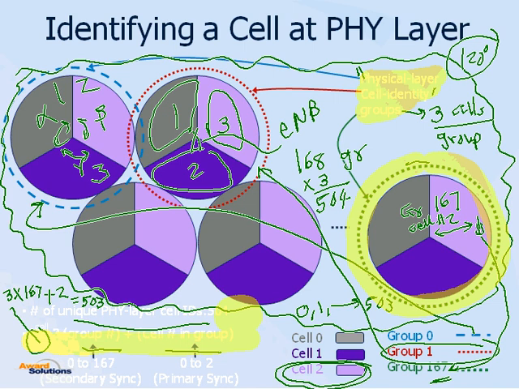In 1X and 1xEV-DO, we have 512 PN offsets, and a PN offset identifies a sector. Same way here, a physical layer cell ID identifies a specific cell, a specific sector. Once we run out, we just reuse those. In basic UMTS, we have 512 primary scrambling codes, and once we run out of those, we again reuse them. Same idea here.